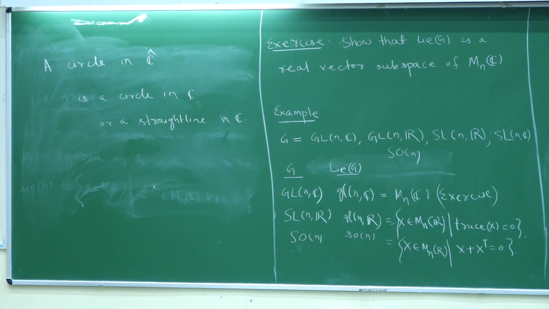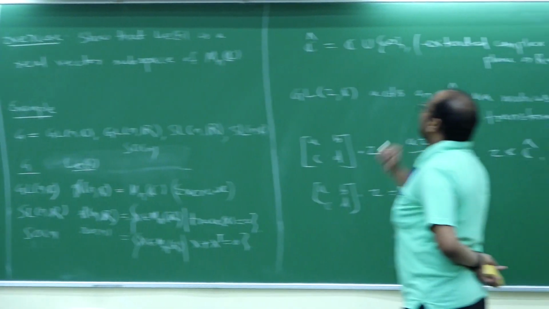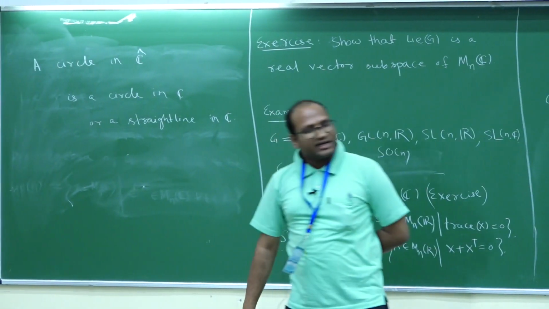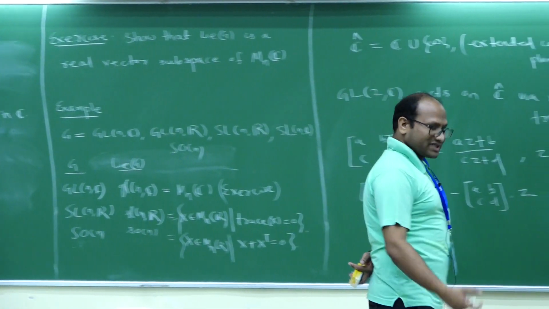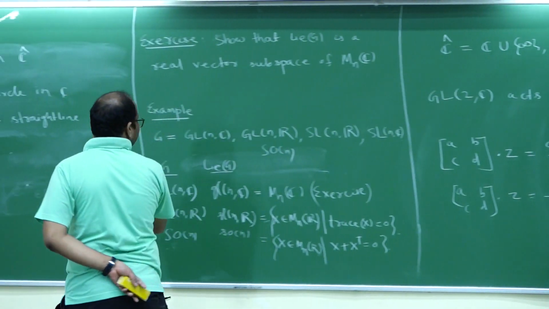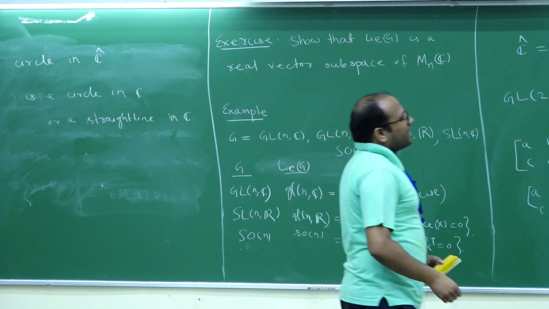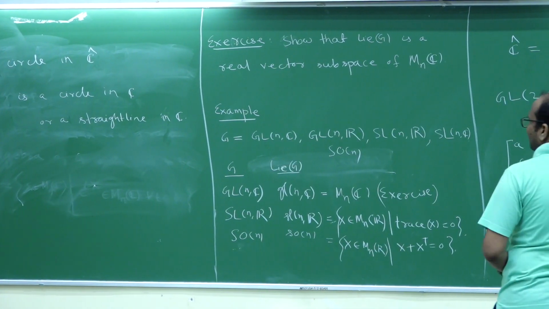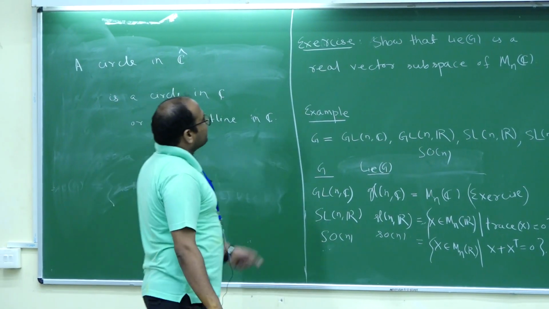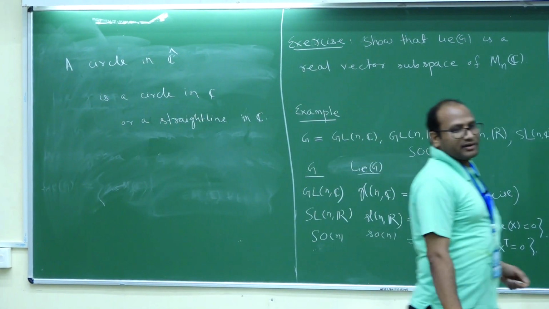And what is the justification? The justification is the Riemann sphere, and if you project the circles in the Riemann sphere by a stereographic projection, you get an actual circle in C or a straight line in C.